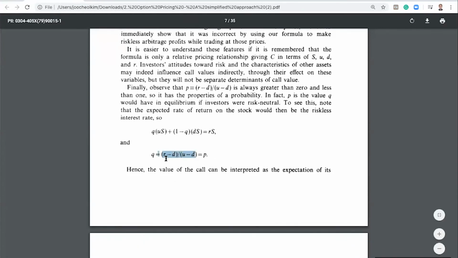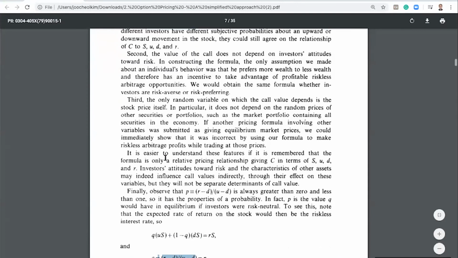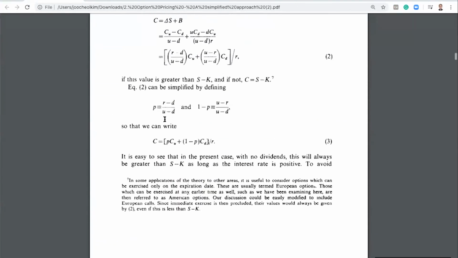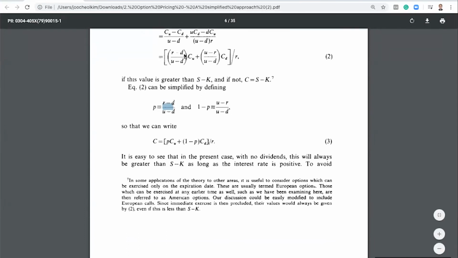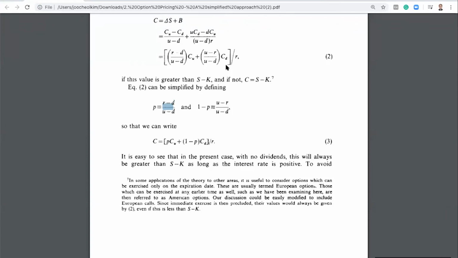That's why we call this valuation formula a risk neutral valuation formula. So this is just a formula, but we may interpret this formula from a risk-neutral person's point of view.